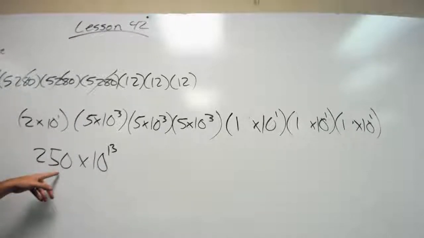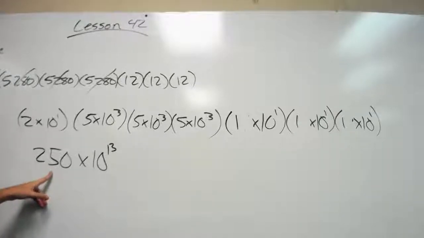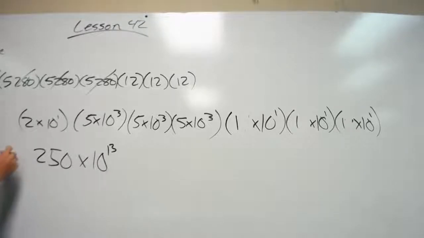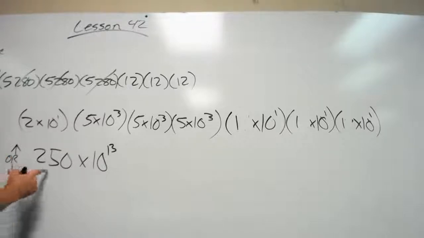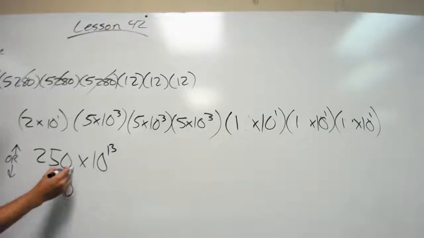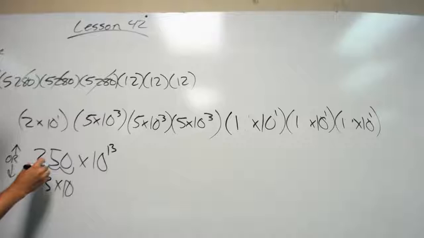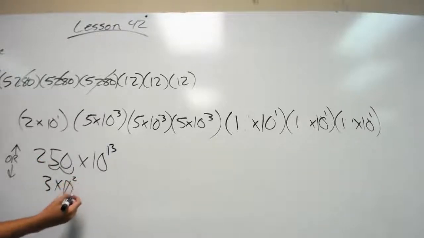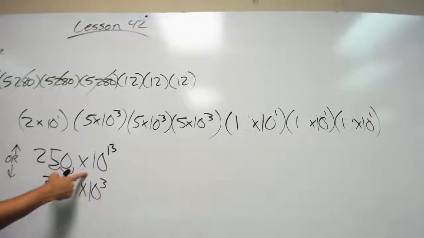Because 250 can be estimated and simplified a little further. Does 250 round up, or does it round down? Well, the 5 is straight in the middle, so it rounds up to 3 times 10. Let's see how many times we move the decimal: twice to the left, therefore twice to the right. And you could say times 10 to the 13th is still there.